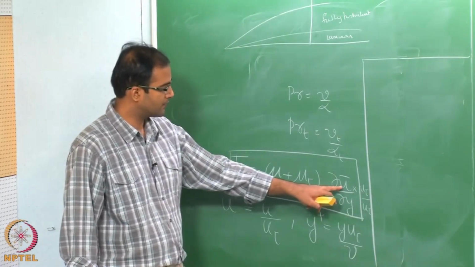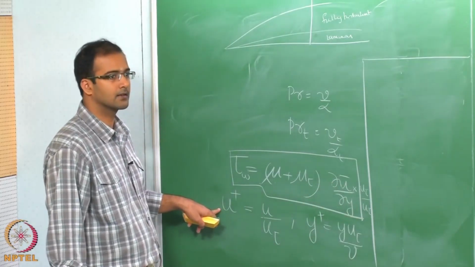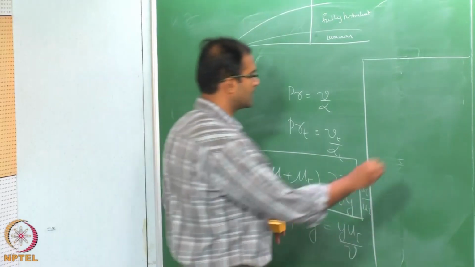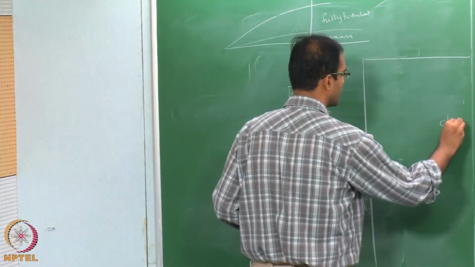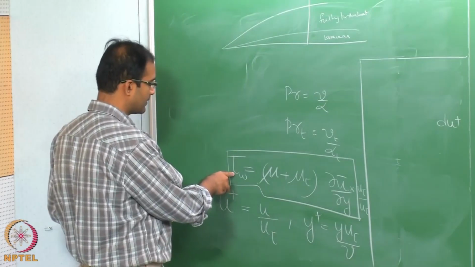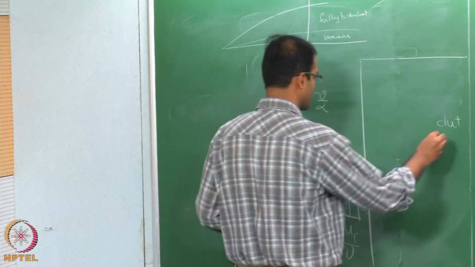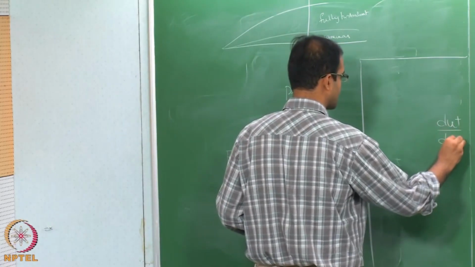So, therefore, d of u bar by u tau is nothing but u plus. Okay. So, we have du plus, and similarly we can combine the tau wall to this side. So, you should be able to write this also in terms of y plus.